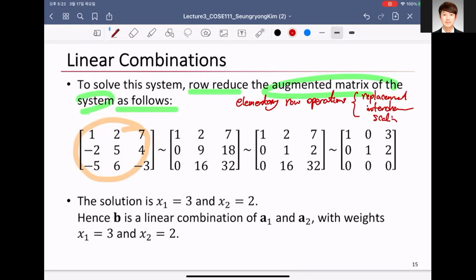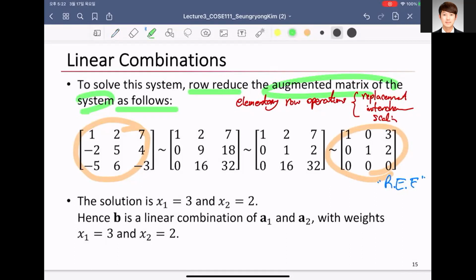To make the REF form of the original matrix, which was unique, right? REF form, like this.